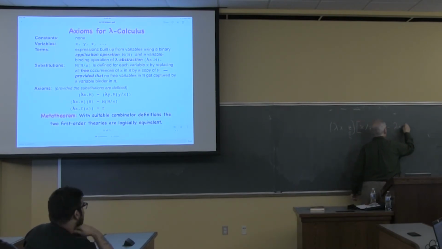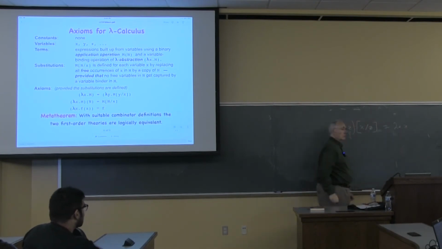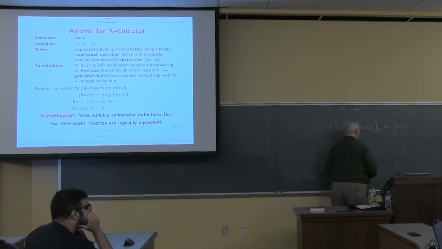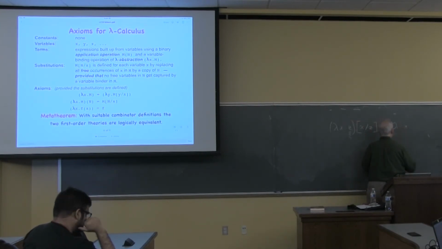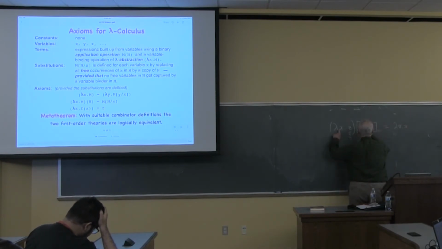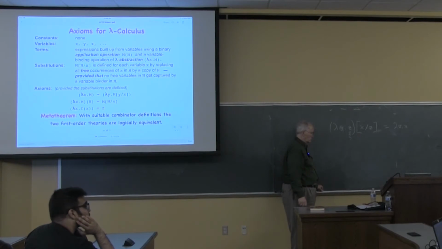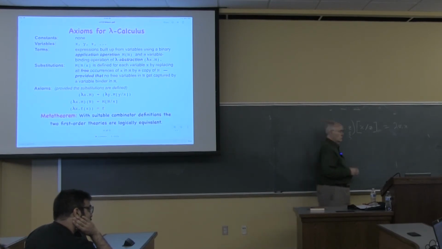Lambda x.x. Wrong. Right? Because what it should be is lambda new variable. You should rewrite the bound variable so it won't clash with this one. You should rewrite this as some other variable. It doesn't matter what variable you use as long as you're consistent about them. You can use that alpha renaming, that first equation there, to move it to some new variable that doesn't clash.